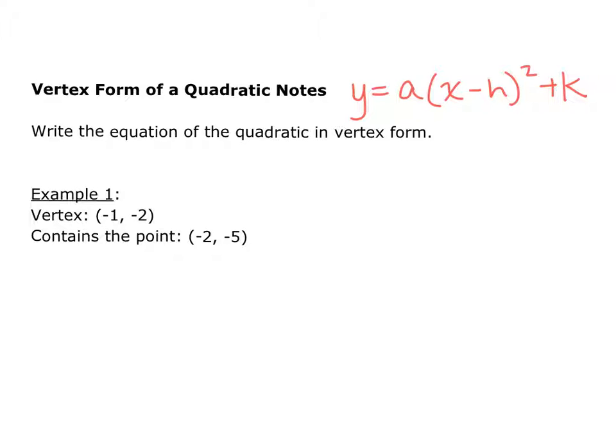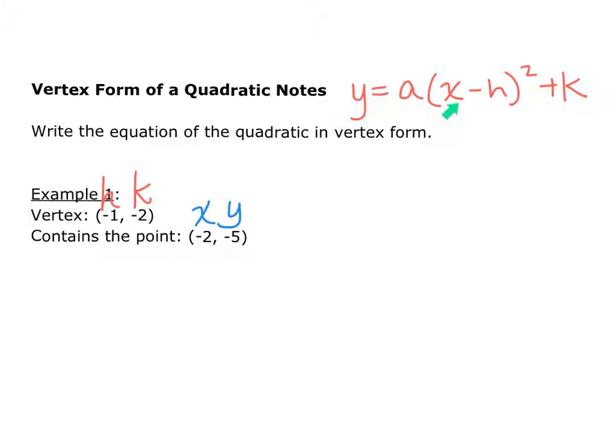All right, so here in example 1, I have the vertex -1, -2. So those are both my h and k values, right? And then I say it contains the point -2, -5. So those are one of the x and y values. So if I look at that function, y equals, hey, I've got a value for y, right?